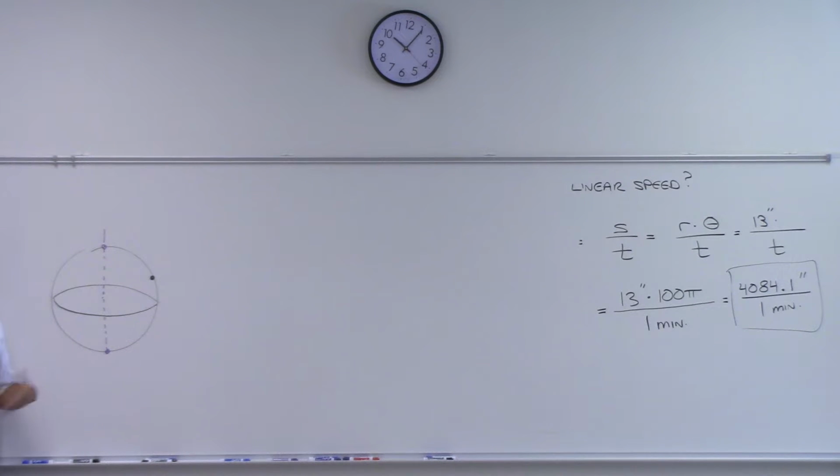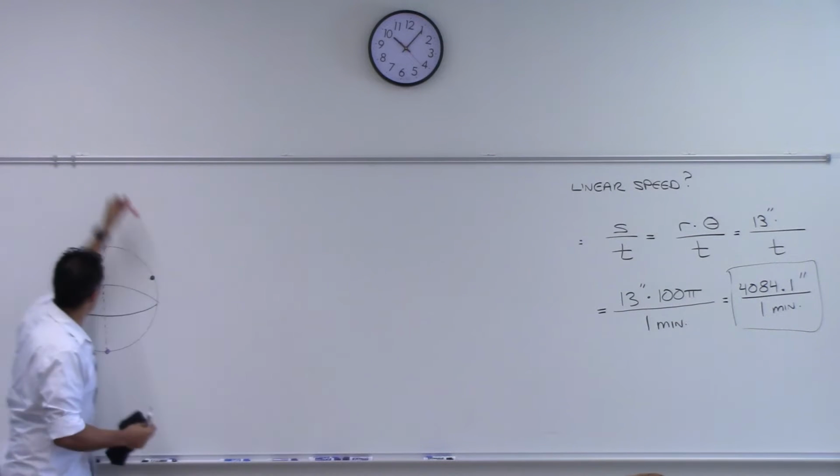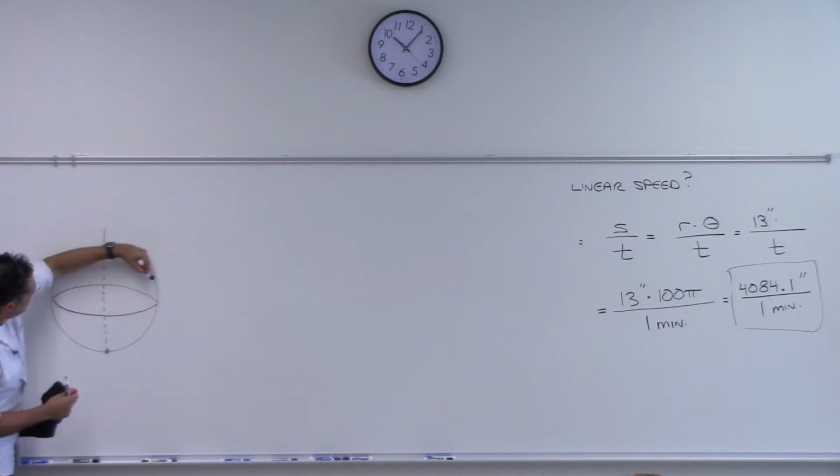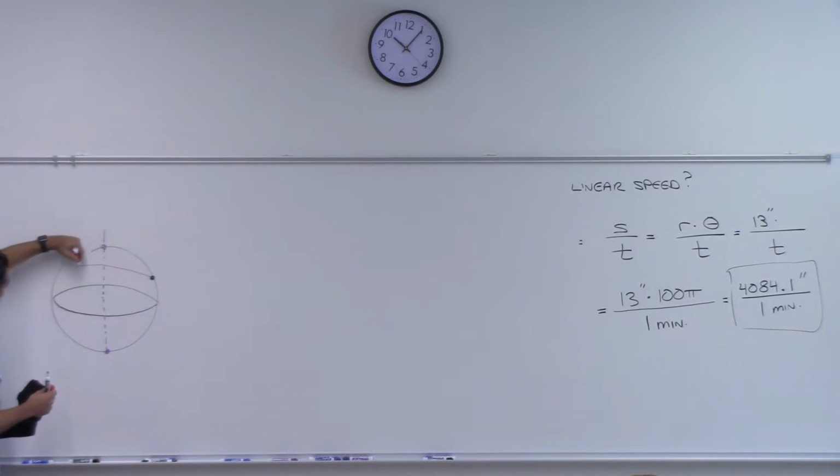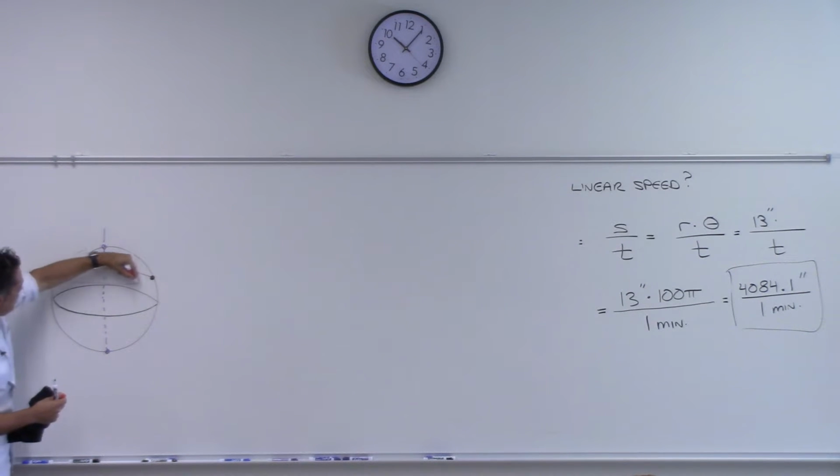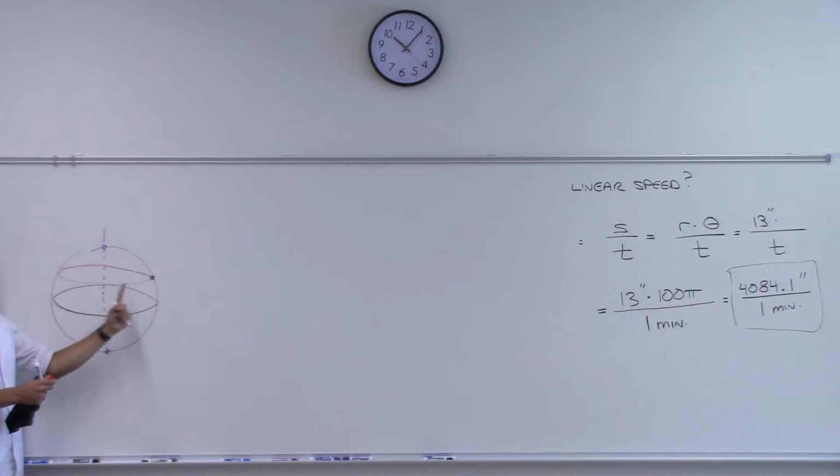Roughly 24 hours, right? That's a full day. You go around like that. We good? Now, if you look from the top down, from the North Pole, you'll see that we are traveling in a circle like this, aren't we, when we go around?